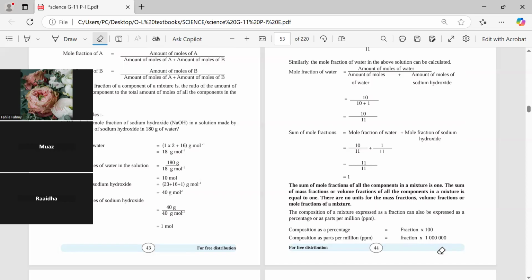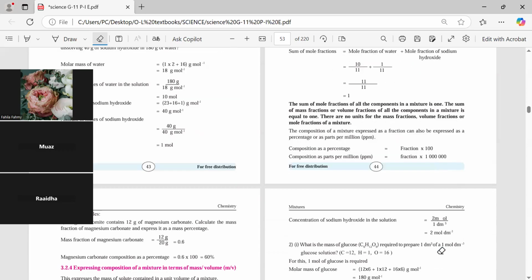So that tiny are these compositions that we are working with, and we have a whole bottle of 1 liter or 1 liter cream or whatever it is. So it's not easy to see that amount in a bottle. So what we do, we multiply it by million to understand how much of that composition is in these things that we use. So that's why we have this parts per million.